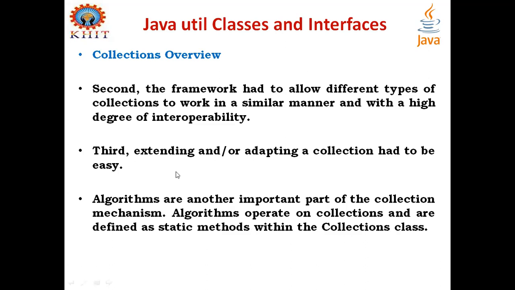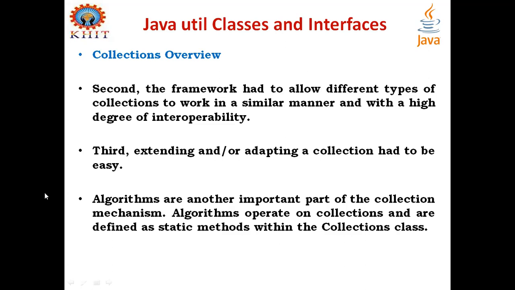The third one is that extending and or adopting a collection had to be easy. It means that once you make a collection framework by including different classes and interfaces, with methods defined in those collection classes, you can extend this framework.